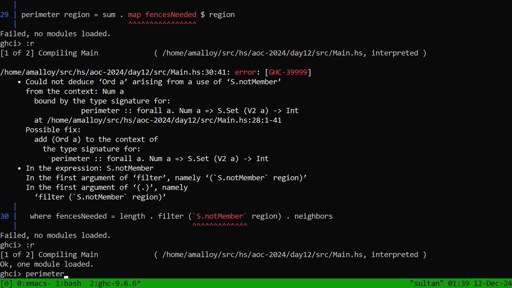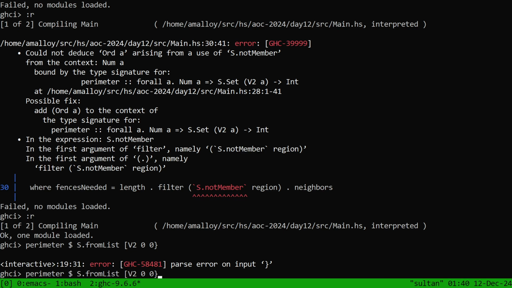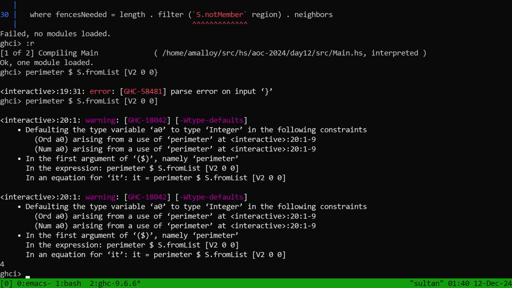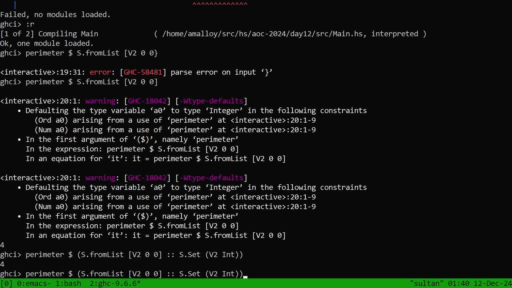So now we can say, what is the perimeter of the list v2 0 0? It's a region of size 1. Its perimeter should be 4. I don't want all those stupid type errors, so say this is a set of v2 of int. Fine.